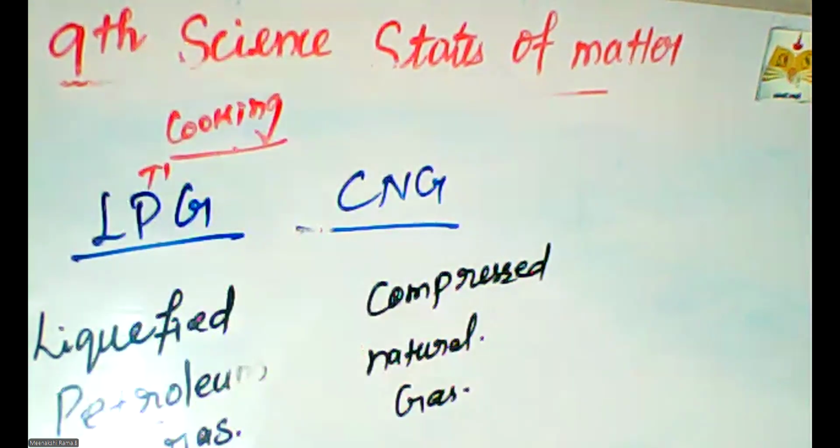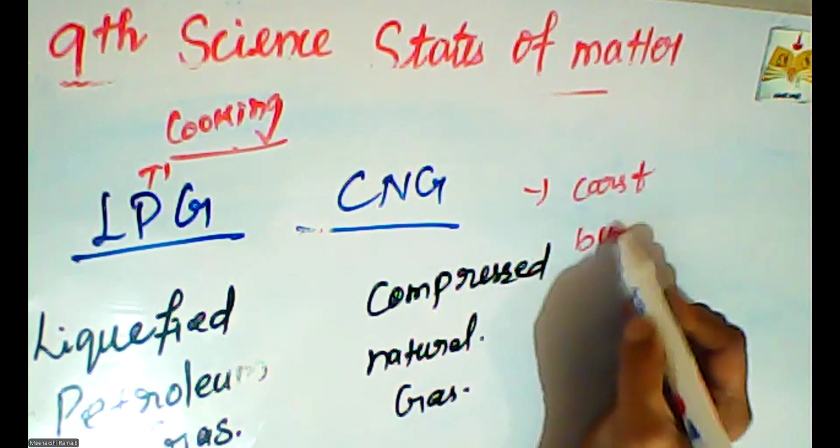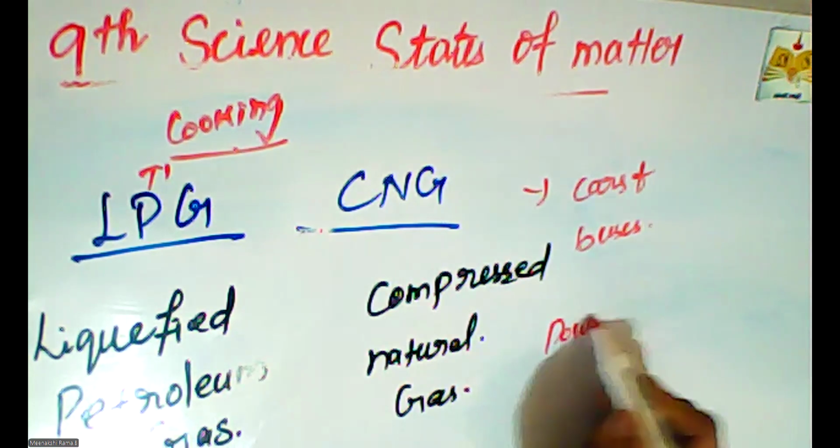For cooking, we use LPG, and CNG is used for cars and automobiles, mainly cars and buses. The compressed natural gas is used in cars and buses, and also for power generation.